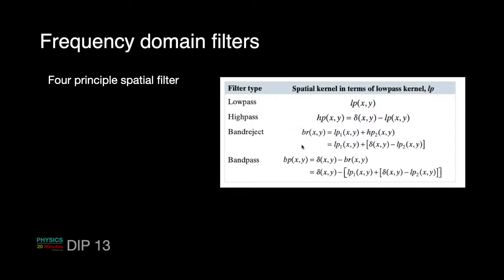A band pass is a band reject subtracted from the maximum, and we have seen the maximum is delta. So the band reject subtracted from the maximum will give you the band pass. So I hope this works.